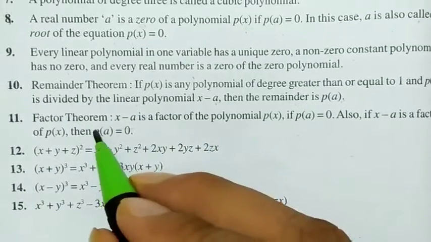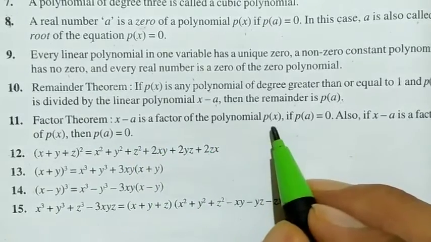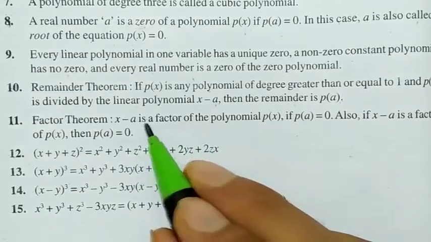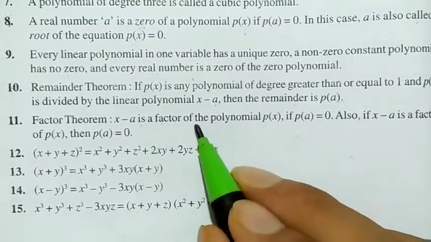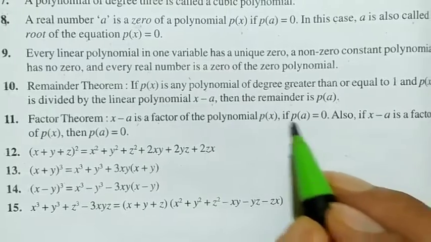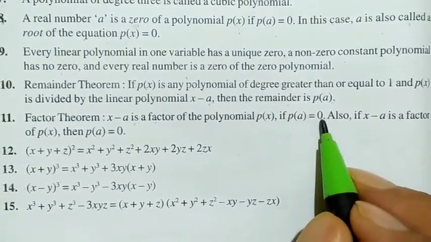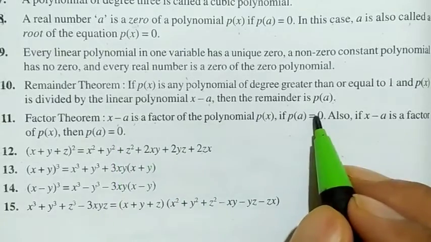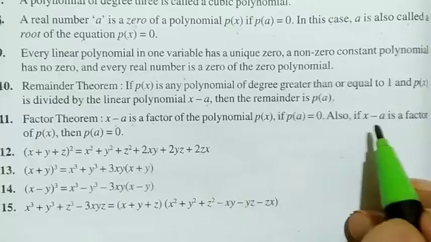Now factor theorem. x minus a is a factor of the polynomial p(x). A factor or divisor means completely divisible. So x minus a is a factor of the polynomial p(x) if p(a) = 0. If p(a) = 0, it means x minus a is a factor, because x = a is a zero.